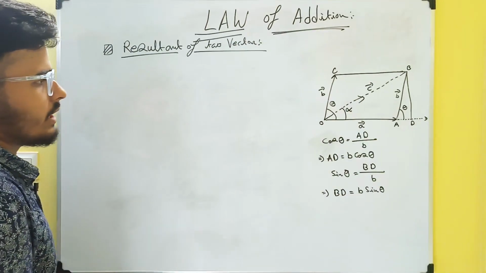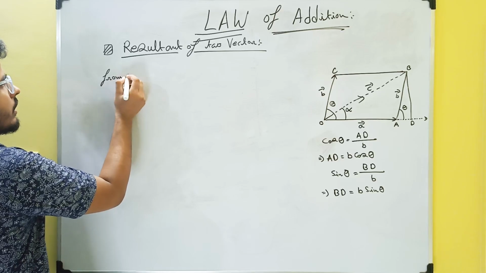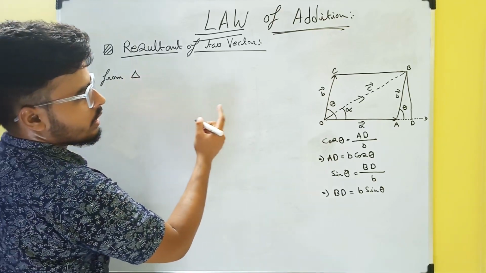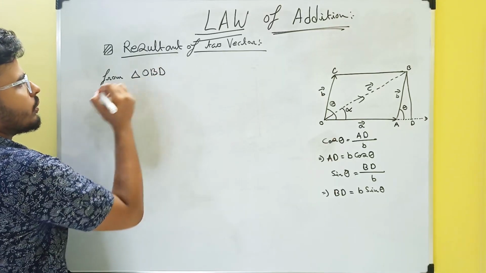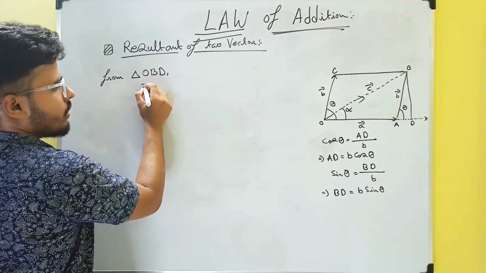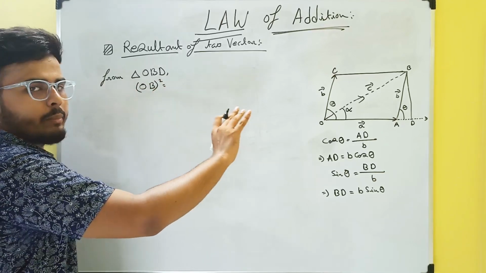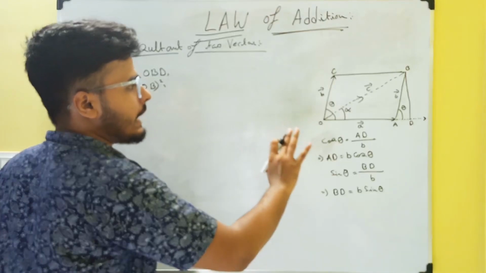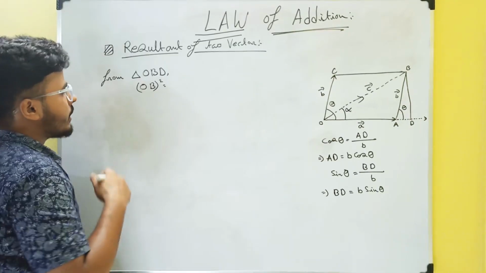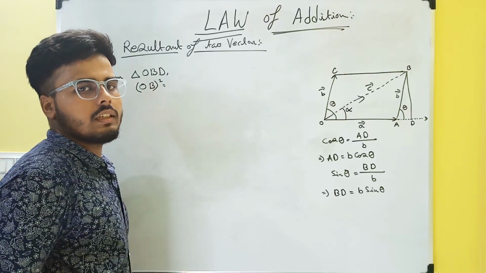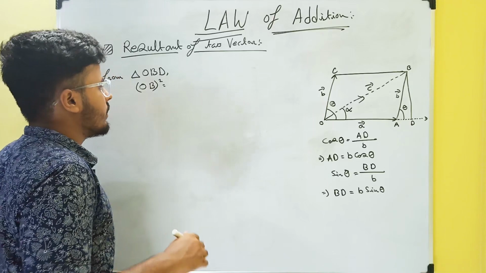Now from triangle OBD, we are taking the magnitudes. We are not taking the vector part, we are taking the magnitudes part, because we are measuring the magnitude of the resultant, not the resultant vector.